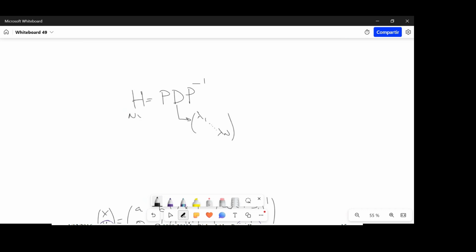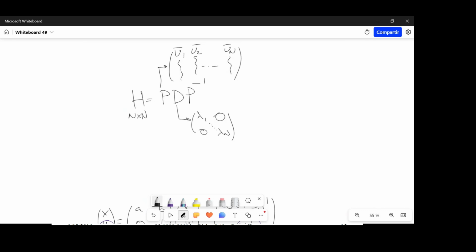A matrix of some size n times n. And here this matrix is formed by vectors. Okay, so who is lambda? This is simple.